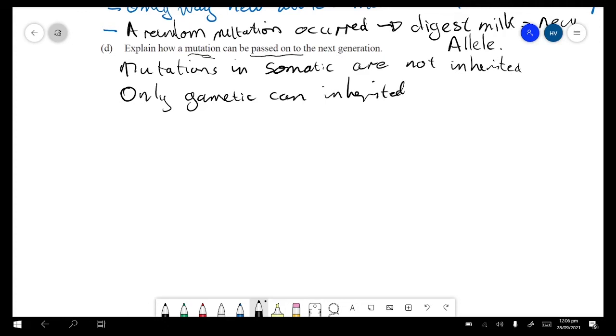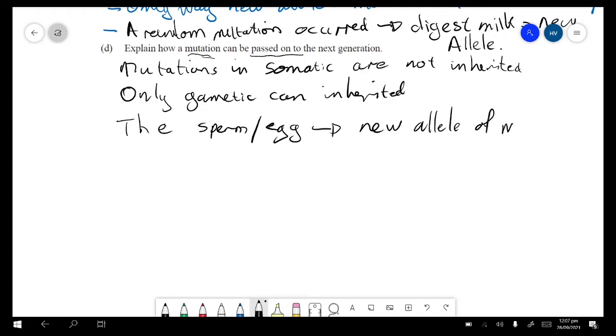That means that during the production of the sperm and the egg, the sperm or egg had a mutation, and that allowed for the new allele of milk digestion, and that would have been then carried in the sperm or the egg.